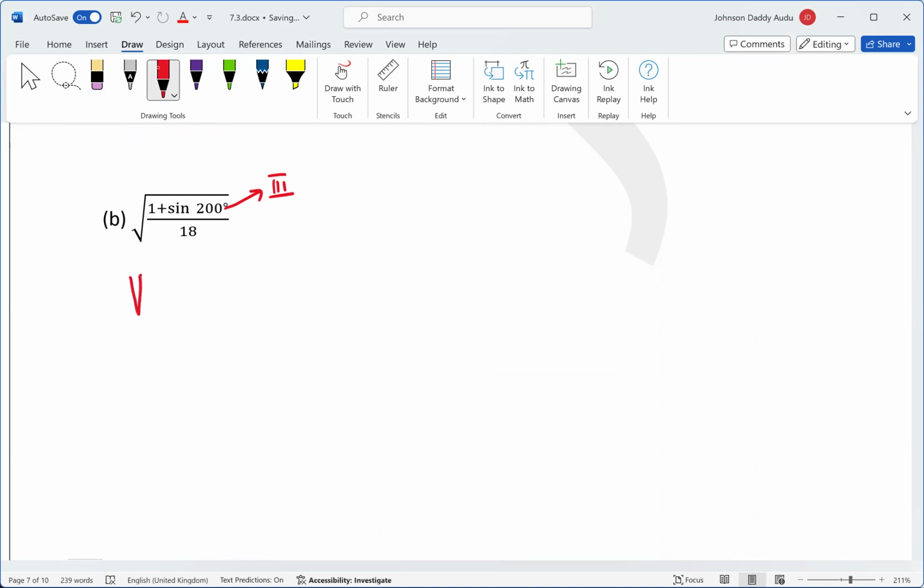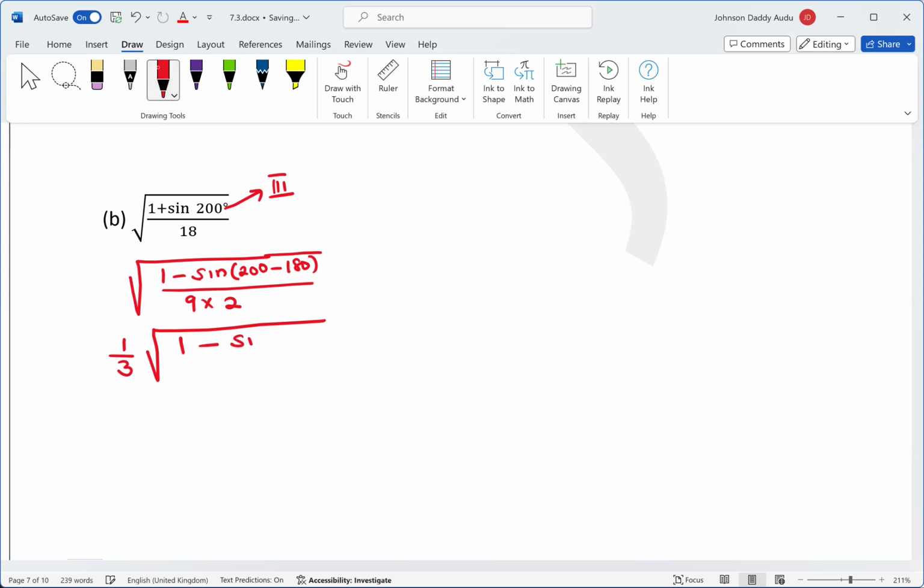So we can write this as 1 minus sine of 200 minus 180. We're using the reference angle in this case. This we can write as 9 times 2. So taking the square root, 1 over 3 can go out. So we just have the root of 1 minus sine of 20, all over 2 now, right?